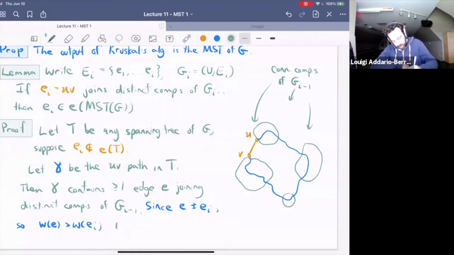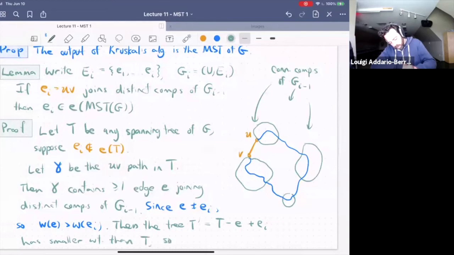So then the tree T prime, which is T minus E plus EI, has smaller weight than T, and so T is not the MST.